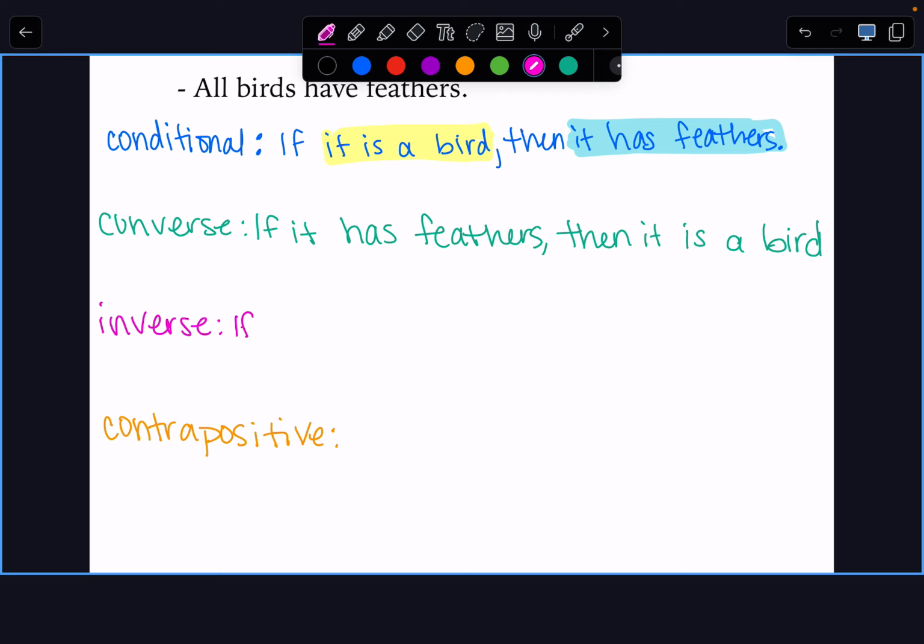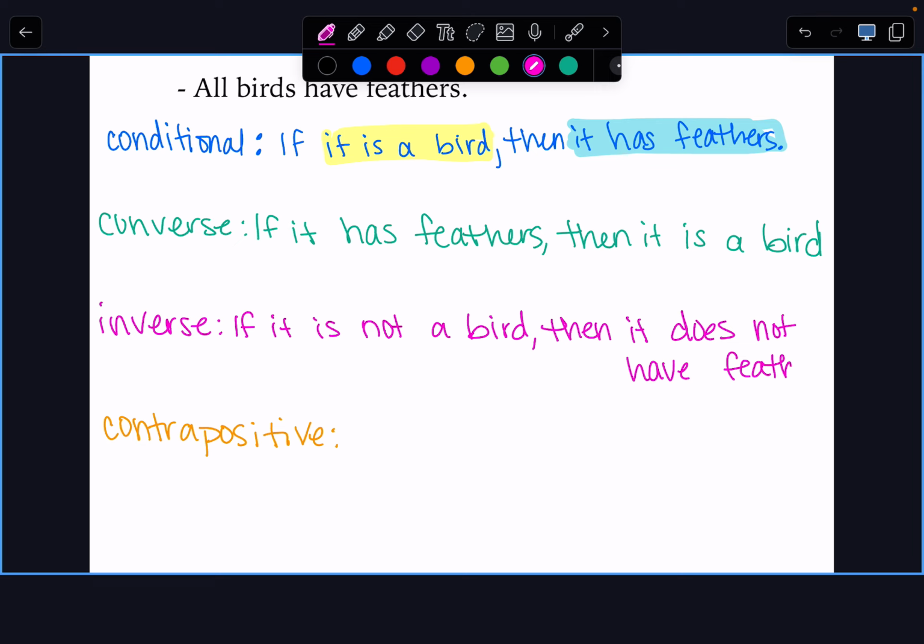If it is not a bird, then it does not have feathers. Okay, do you agree with Austin? Yes. Okay. Not P implies not Q. Jack, what about the contrapositive?